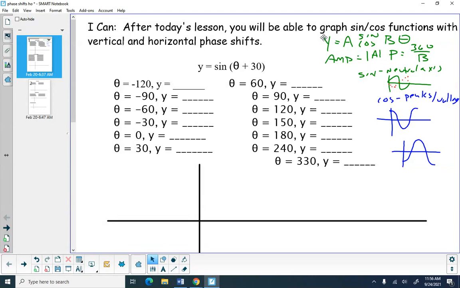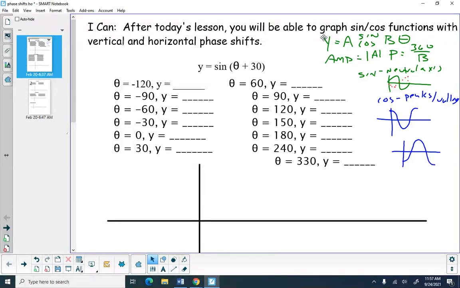When we're talking about phase shifts, it's the sliding of your amplitudes, or sliding of your graphs. When you were in algebra, you worked with what was called translations, when you slid the graphs upwards or downwards or to the left and right.